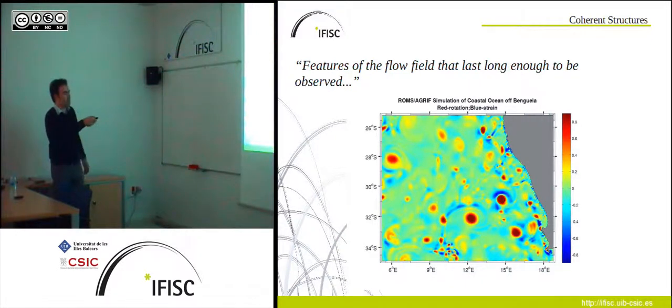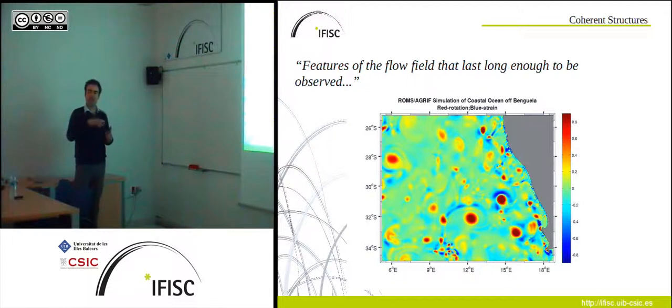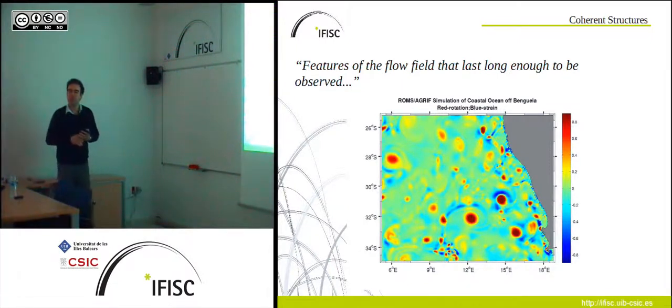This area is nested into another simulation with a bigger area and smaller resolution, and the boundary conditions of that simulation are derived from climatology, average fields, and also from simulations of the whole ocean at even higher scale. So it's all nested into each other. And so the inflow and outflow boundaries are determined by the global circulation models that they use.